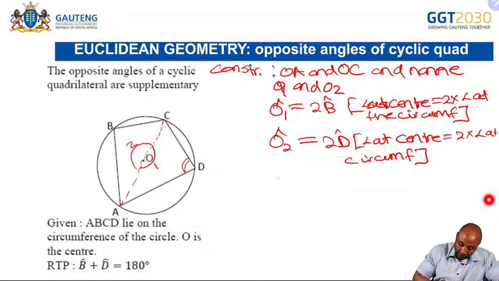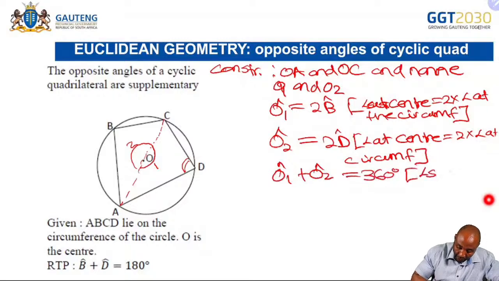From there on, this is the easiest theorem. O1 plus O2 is equal to 360 degrees. Reason: angles around a point. From there on, we substitute for O1.